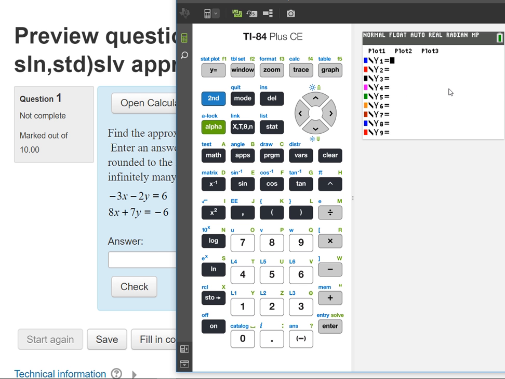First way is just not using any kind of fancy fraction templates or anything, just using parentheses and division signs and all that stuff. If I want to divide the whole numerator by something, how do I do that on a calculator? Like you told me I'm going to add 3x to both sides. So that's going to give me 6 plus 3x, right? I want to divide the whole 6 plus 3x by -2. What do I need to include then?